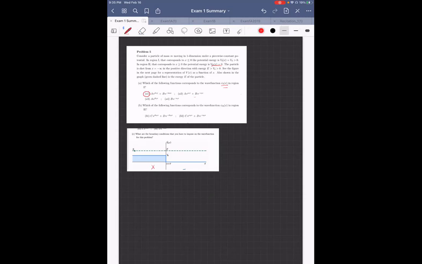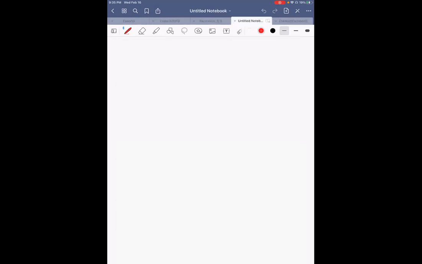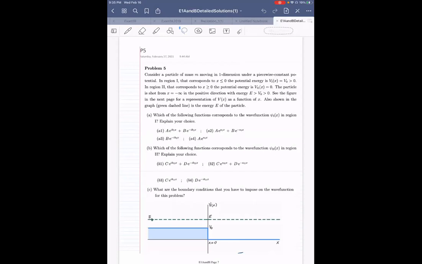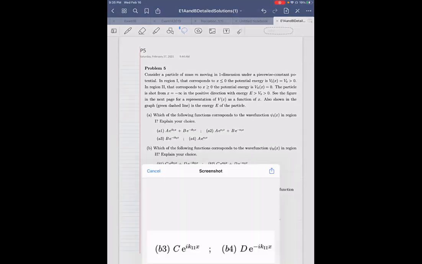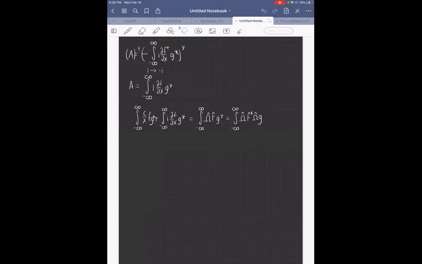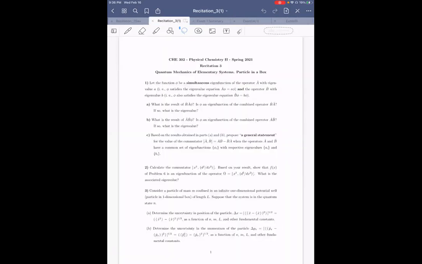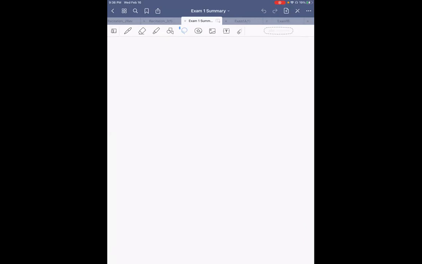And it's asking which of the following corresponds to the wave function 2 in region 2. I forgot to include the other part, which is on me. There we go.